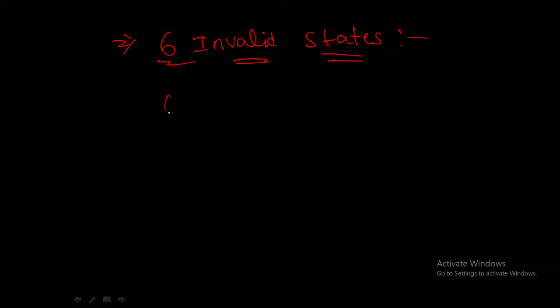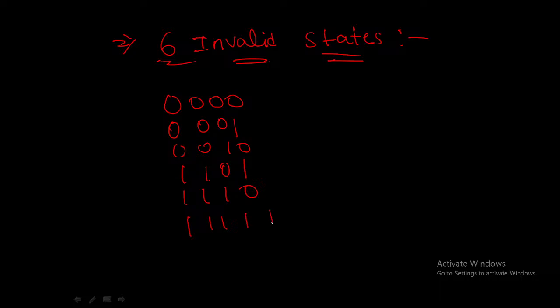Which are 0 0 0 0, 0 0 0 1, 0 0 1 0, and 1 1 0 1, 1 1 1 0, and 1 1 1 1. So these are the 6 invalid states in the case of our XS3. These are not present in our XS3 representation. Okay, I hope this is clear.